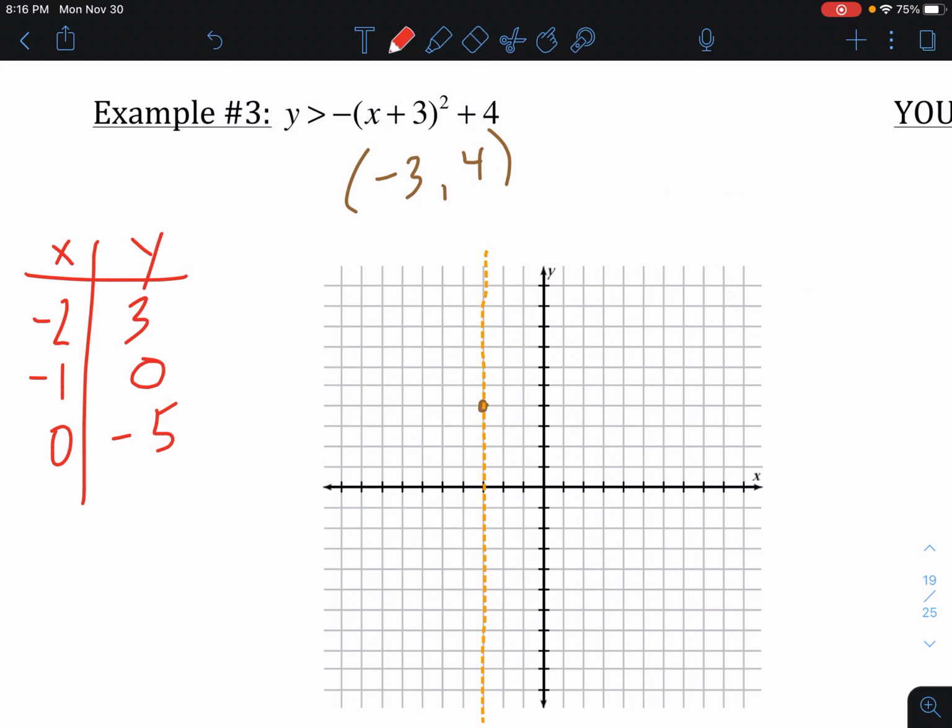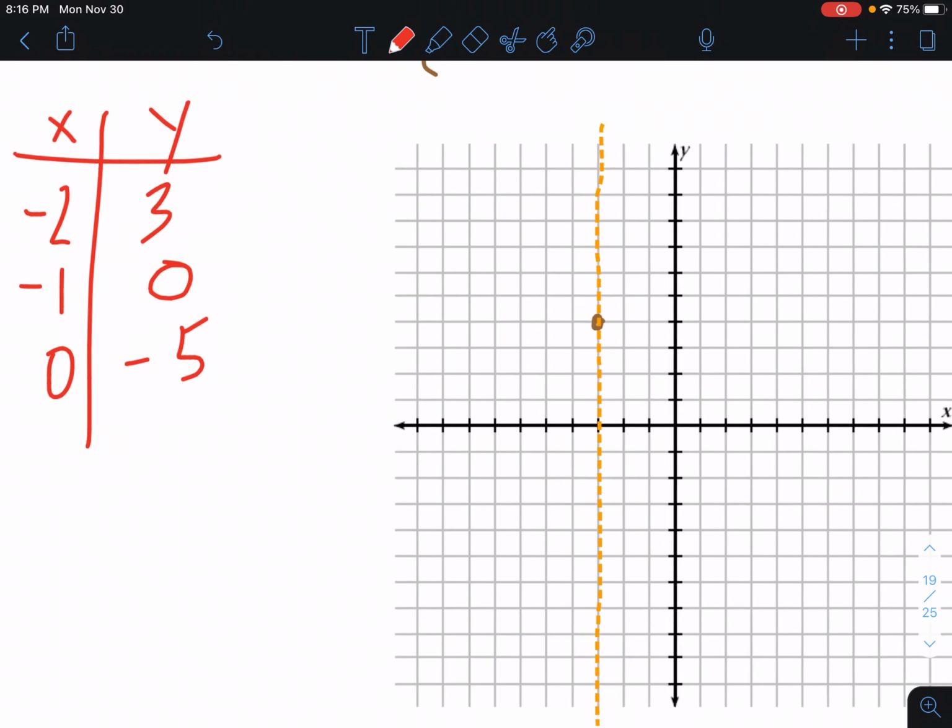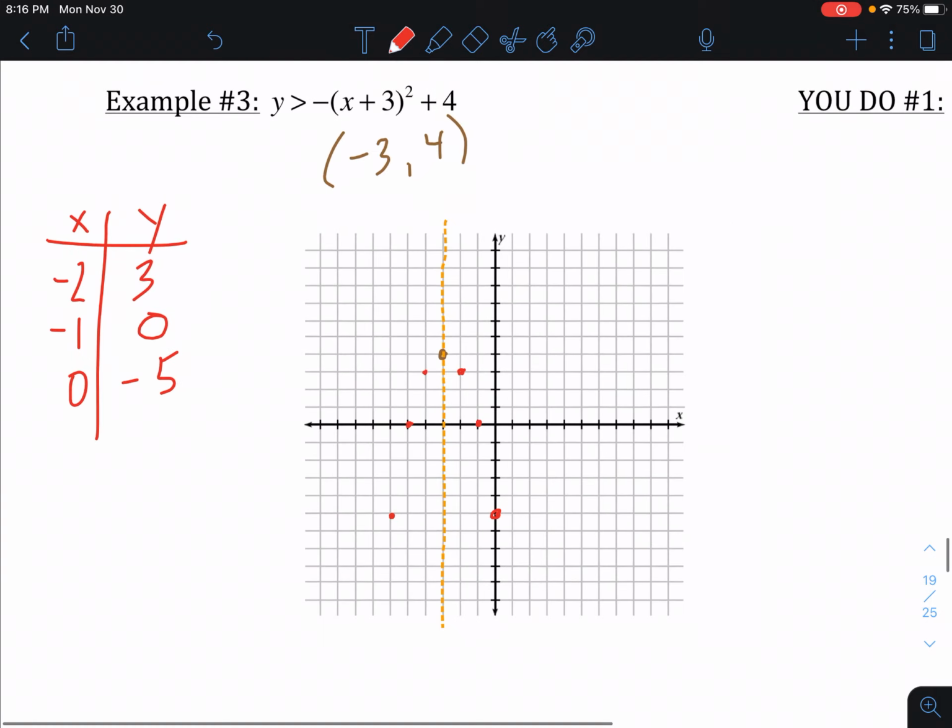Now we can plot those points. We got -2, 3, -1, 0, and 0, -5. And then we get the matching points on the other side of the axis here, 2 and 3. Now, what is this? Solid or dashed? Look up here.